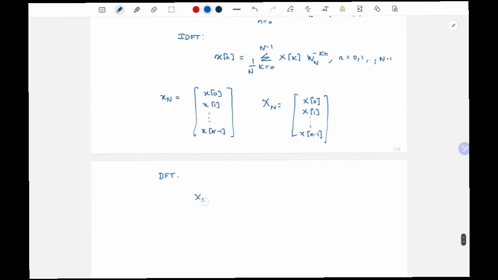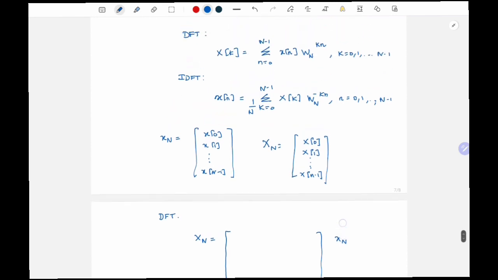So you will have X of k is equal to a matrix multiplication into your small x of n. So what will be the matrix multiplication?